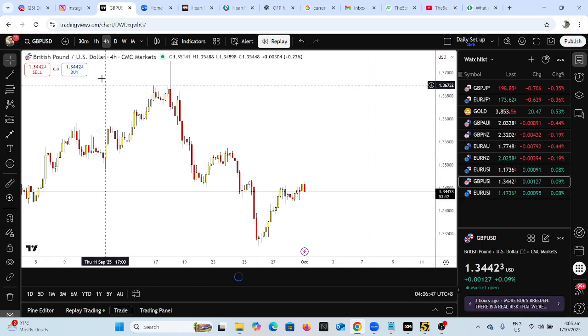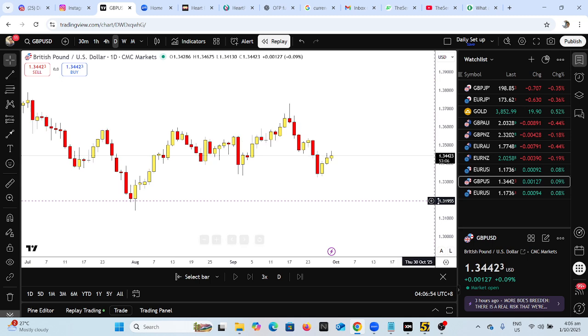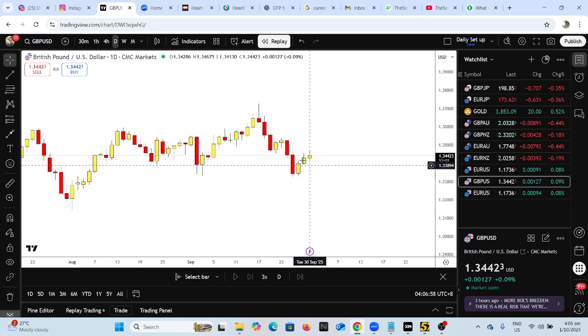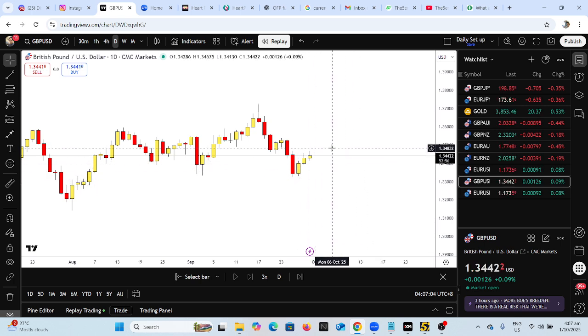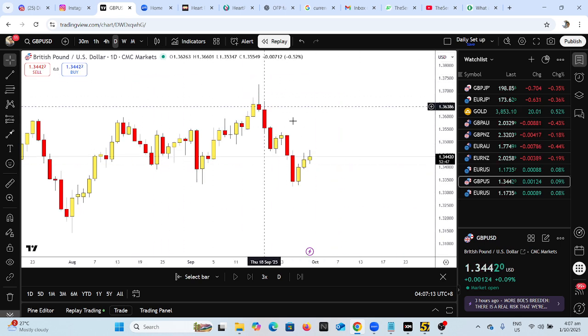Pound USD. Let me see the general direction of this trend. This one general direction is up, but now it's actually down. Okay, but we can see that at this point of time, right, buyers are still pushing up. Okay, but why didn't price go down? It's because there is no strength from the seller to push this price down at the moment.